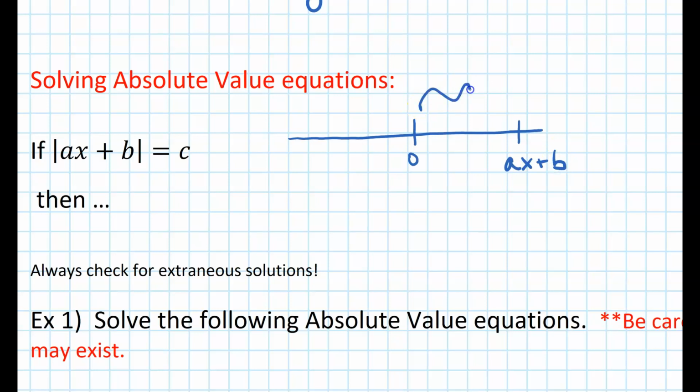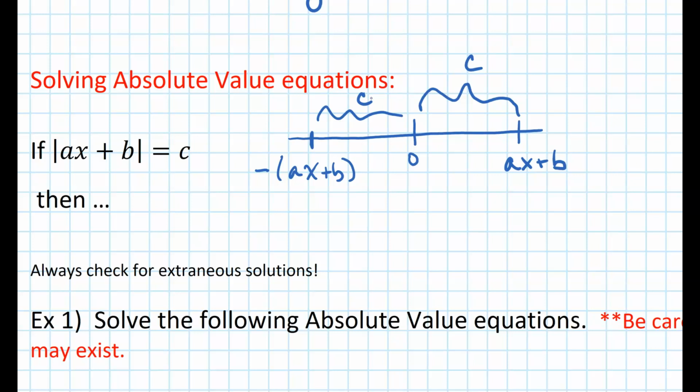And then we're saying if we measured the distance between them, it would be c. But that's only going in one direction. So we would also have to look at the opposite direction. So that would be coming back here. And so rather than ax plus b, it would be the negative of it. So negative ax plus b. But again, the distance here would still be c.